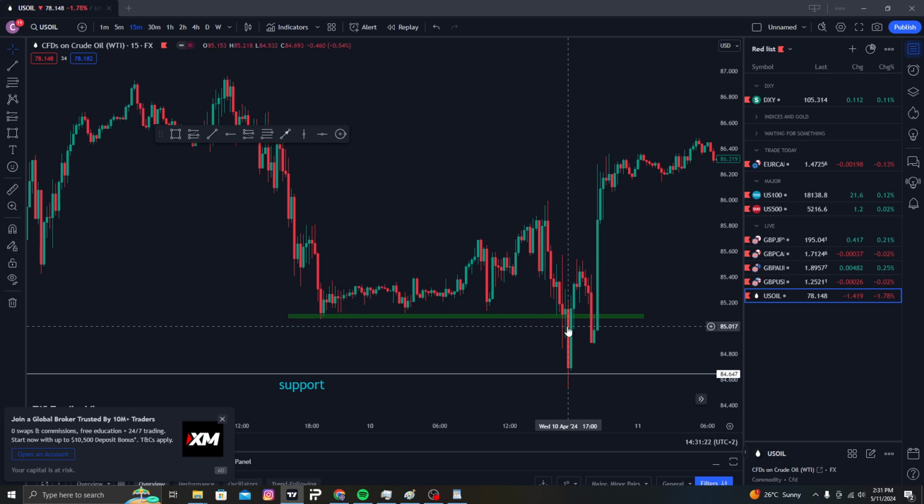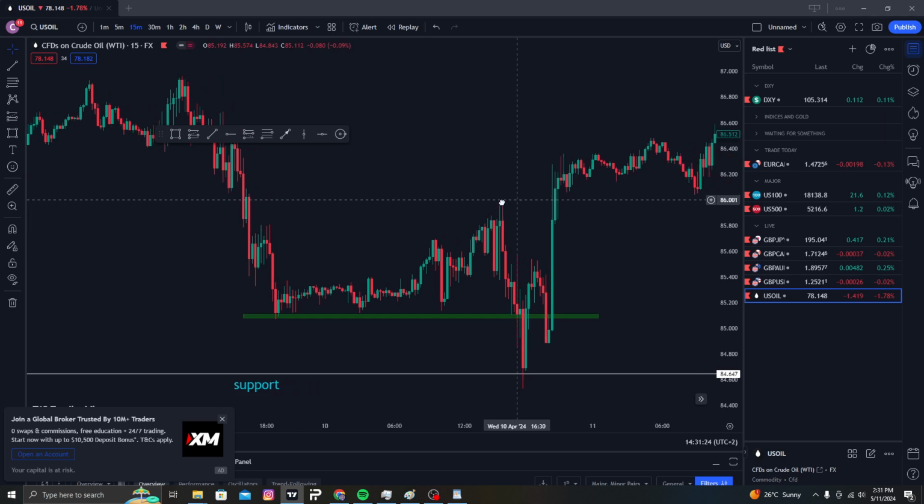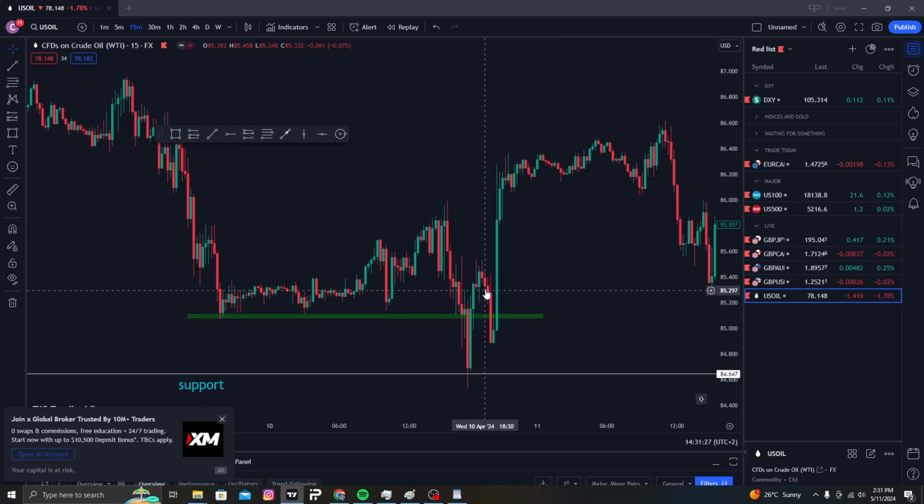You see, it broke it here, and after breaking it, it went back down to test the strength of this level. After reaching this level, it found out that this level is no longer strong because it broke beneath it, and after that, it went back up.